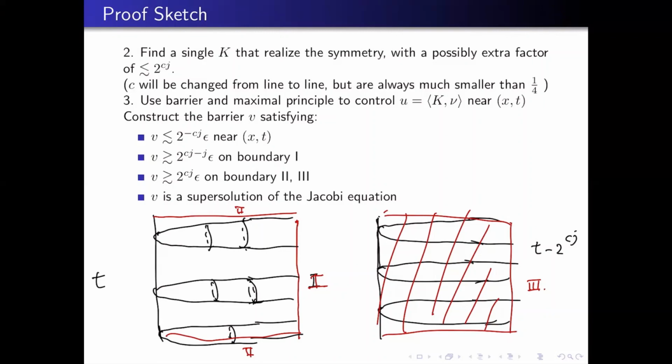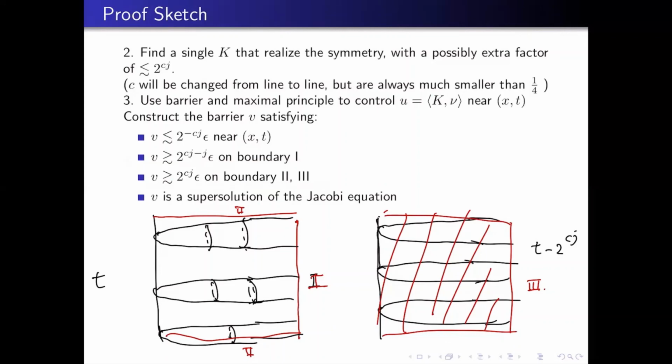And then we are done. These two things mean that V is greater than or equal to U along the parabolic boundary.